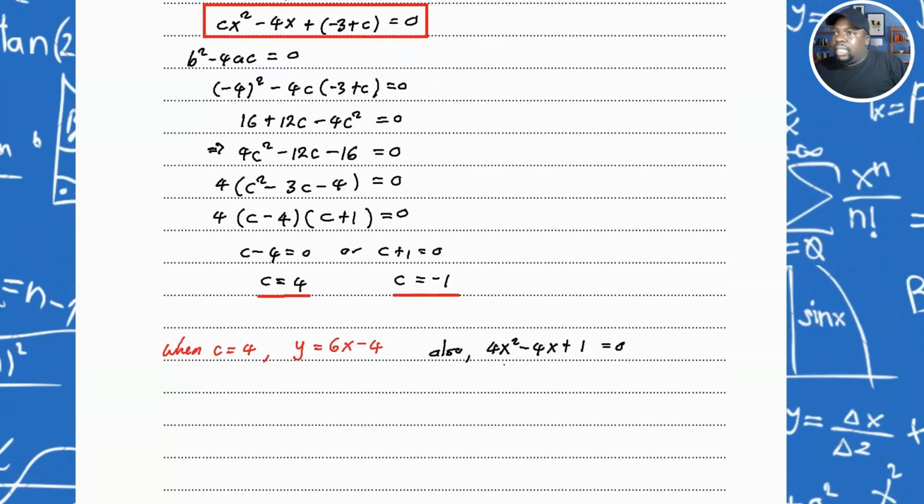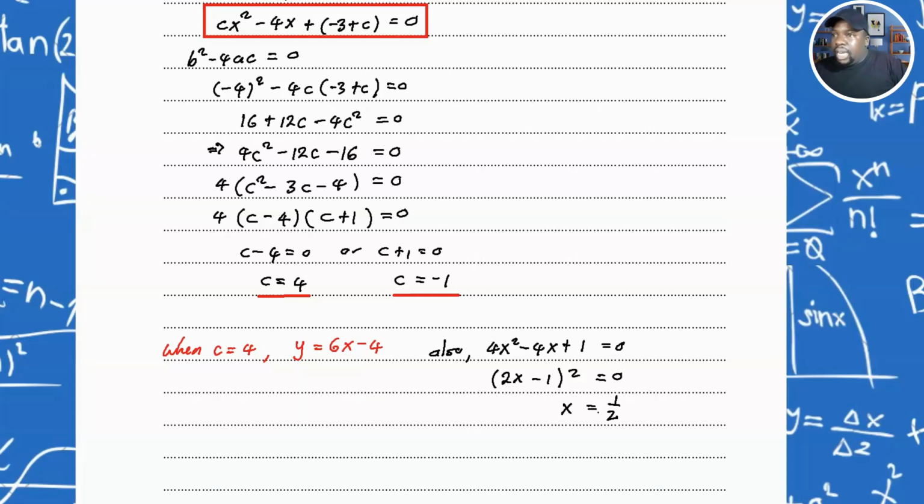And you can see here that this is a perfect square. It is, in fact, 2x minus 1 squared.